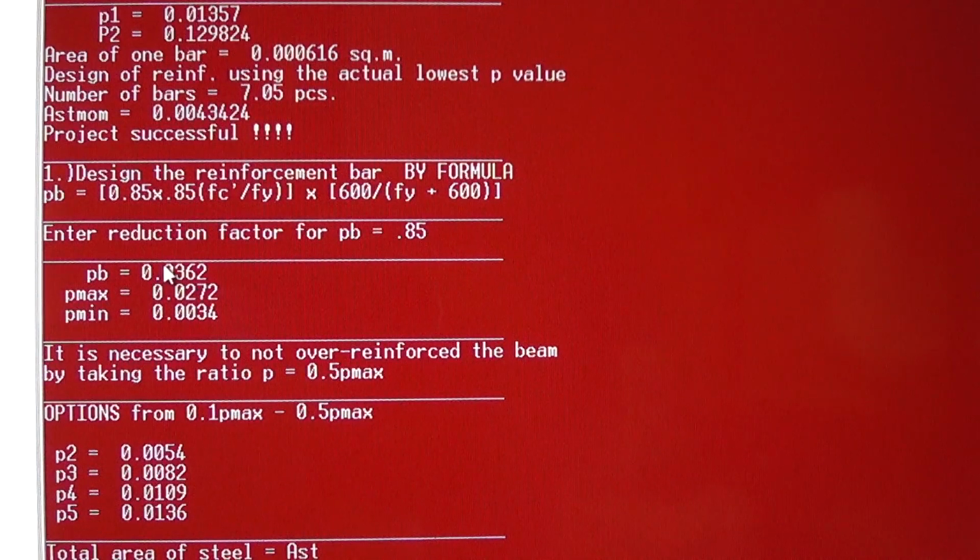So this is the P maximum. Now according to these provisions, the maximum that you can use is obtained by multiplying it by half. It's 0.5 P max right there. And now you have an option of taking it from 0.1 times P max up to a maximum of 0.5 P max. Now here are the results of the P that is usable to design.